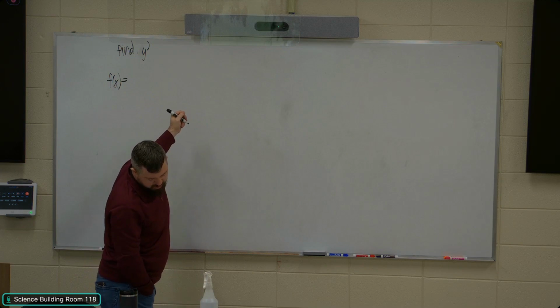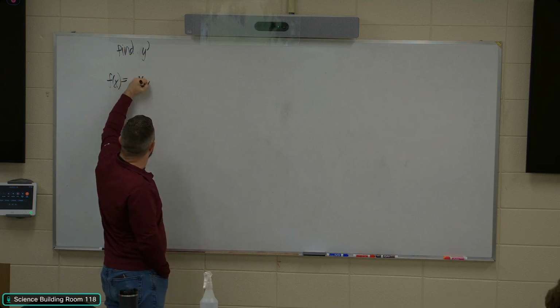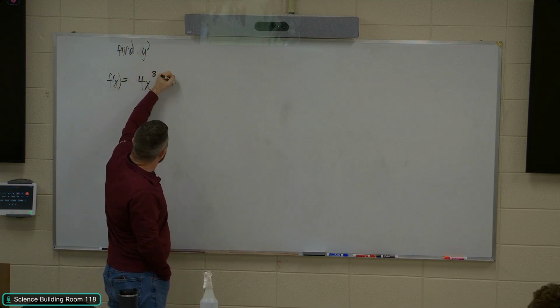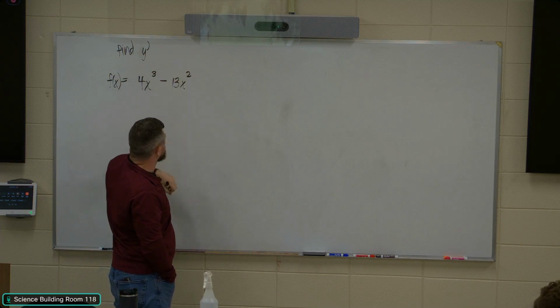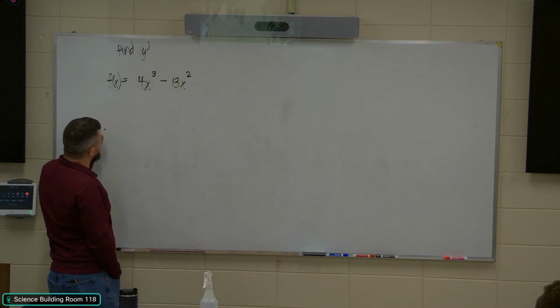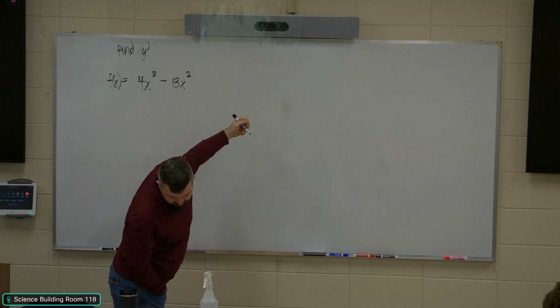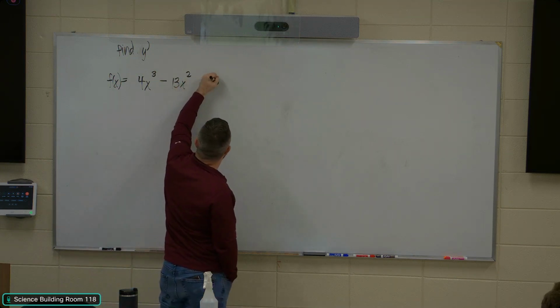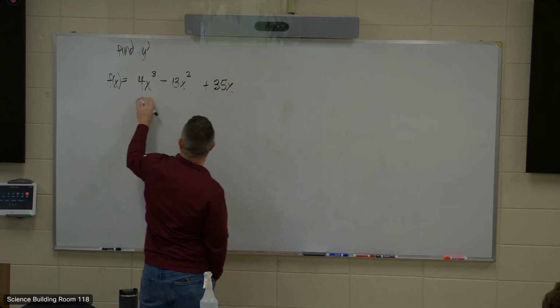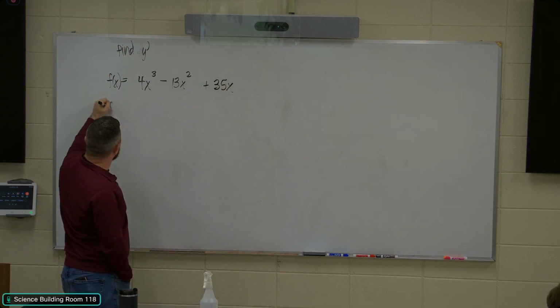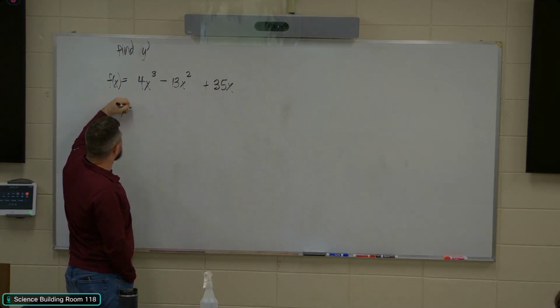Okay. f of x equals 4x cubed minus 13x squared plus 35x. When they're just simply added or subtracted together, I can take the derivative of each part.